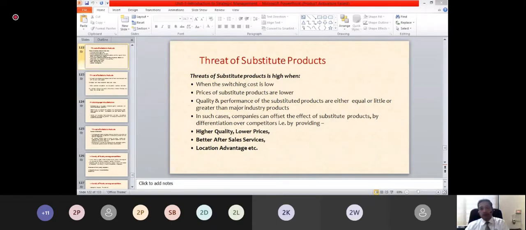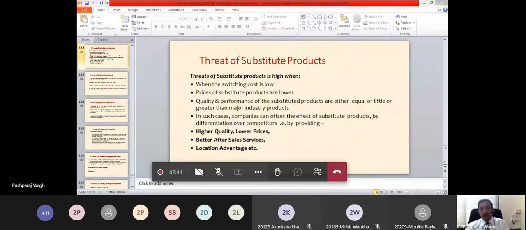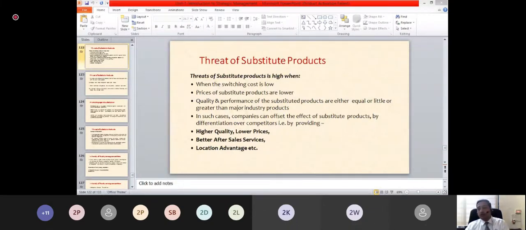In such cases, companies can offset the effect of substitute products by differentiation over competitors. So if there is a threat of substitution, that your product can be substituted by another similar product, prices are the same, quality and performance are the same, then customers can easily switch over from one brand to another brand.